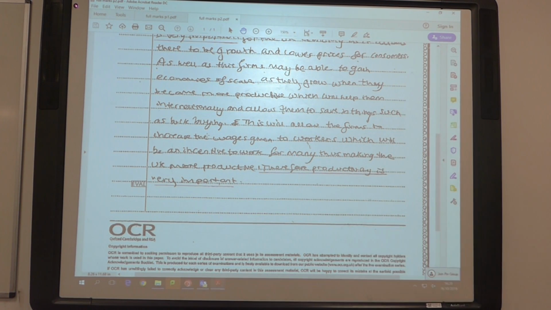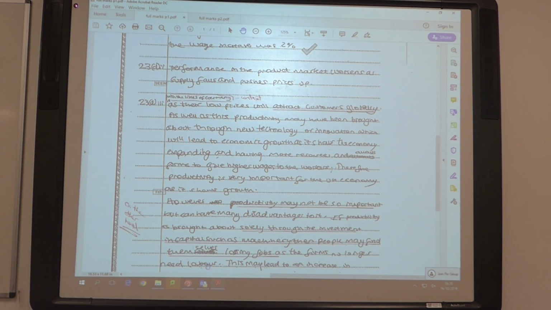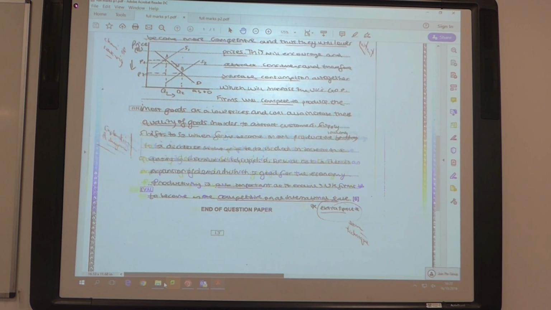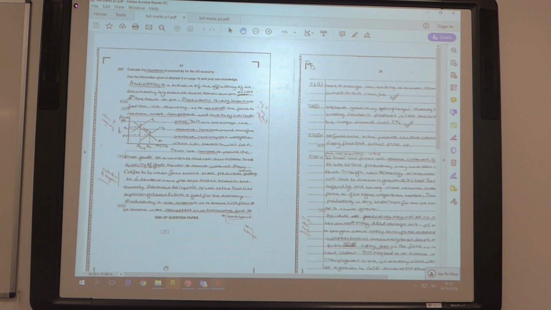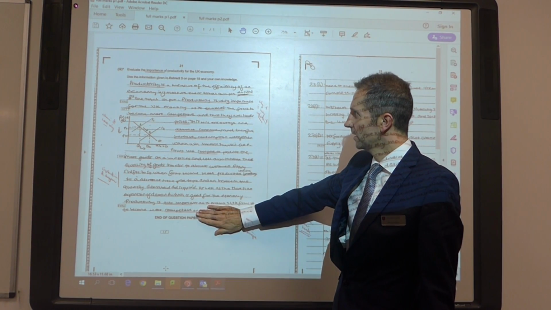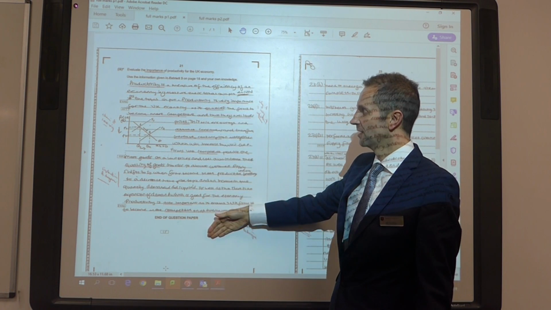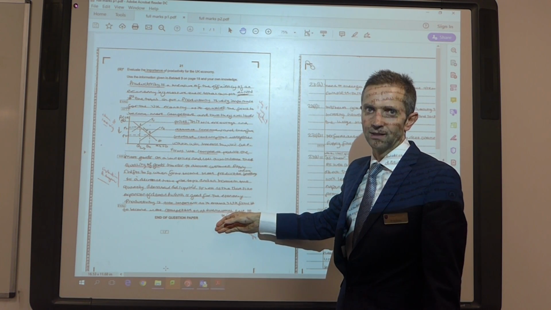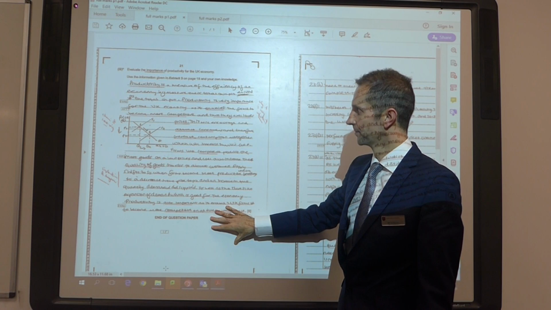I'll show you what I mean. So there's your initial allocation there. So it's the lines in the answer booklet are here. So you're probably looking at that and that again to get the full 6 marks on that.